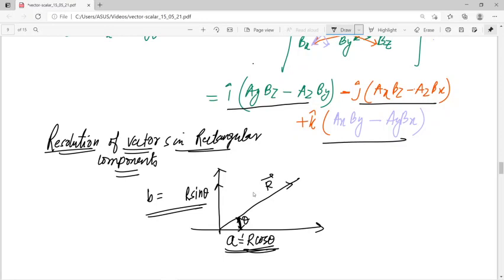You should know that. So I think up to this it is clear to you.